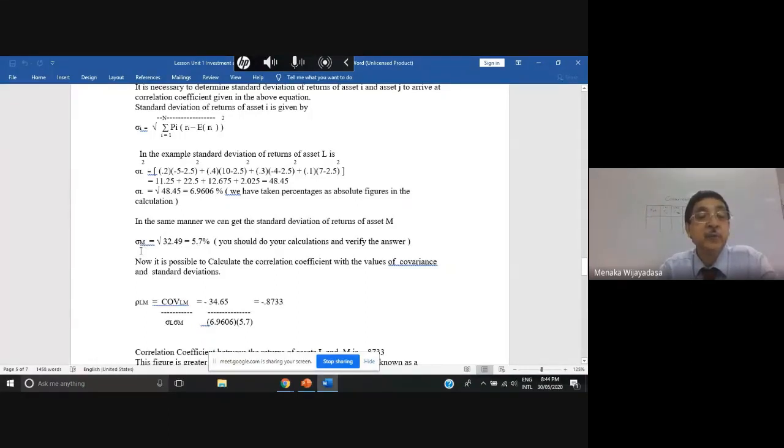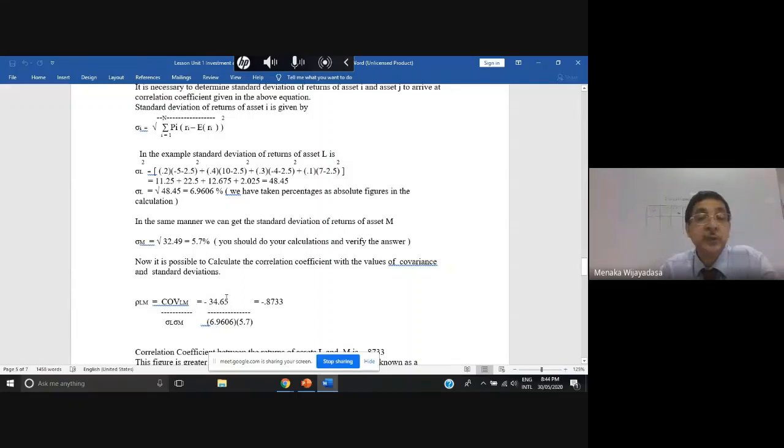Then you get the standard deviation of returns of M as 5.7. And the covariance, which we have already calculated, is minus 34.65, and it has to be divided by these two. Standard deviation of L is 6.96, standard deviation of M is 5.7.